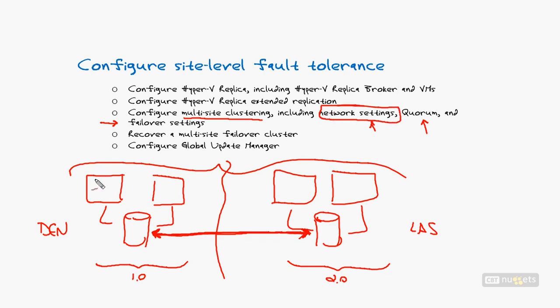Imagine, for example, that you have a virtual machine that's sitting over here in Denver, and that virtual machine is set up with a 192.168.1.225 net address. Well, when you're thinking about the failover settings for that virtual machine, the idea of a failover site is probably intended for that site to only be used in the situation where the entire primary site goes offline.